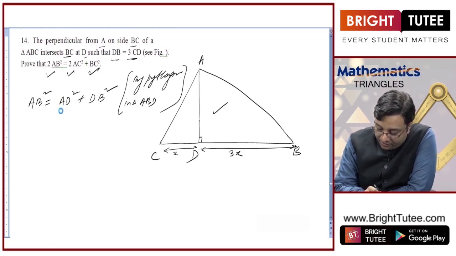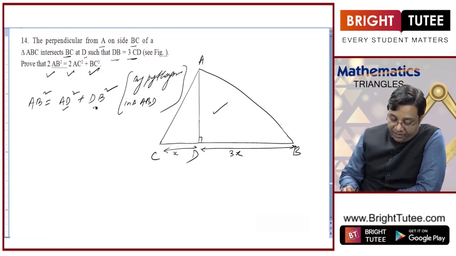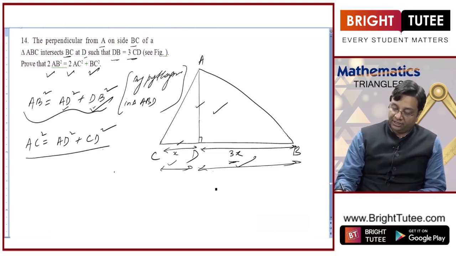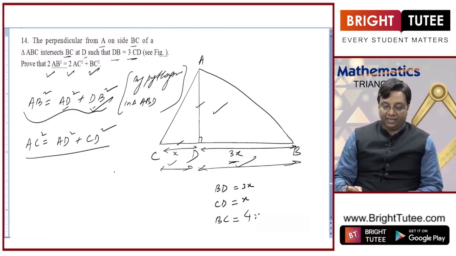So, AB square is equal to AD square plus DB square. Now, tell me what is AC square? AC square is equal to AD square plus CD square, right. Now, you can say that BD is 3x, CD is x. So, what will be BC? It will be 4x, right.